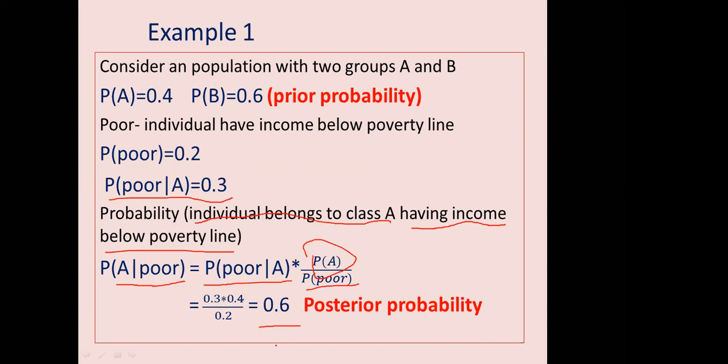That means the probability of the individual belonging to class A changes from 0.4 to 0.6. That is because we have taken into consideration that the person is poor. We have taken this new information into account and the probability changes.